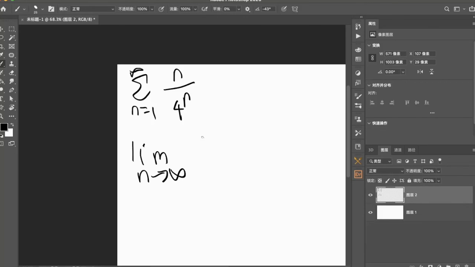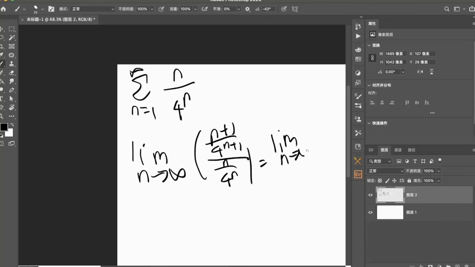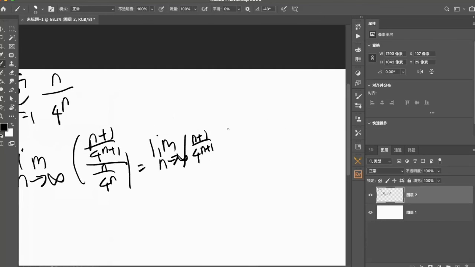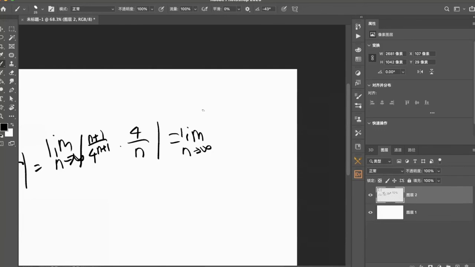So again, the limit as n approaches infinity of (n plus 1) over 4 to the n plus 1, and then times 4 to the n over n. Those will just give you a constant. When you start doing more questions, you automatically know that when you select those, it will just give you the base as a constant.